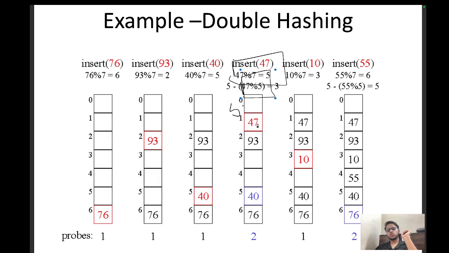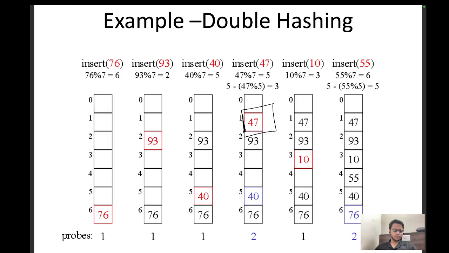So we have to store the element at the third place. Now let us see whether the third place is free or not. We see the third place is free, so we will store the element 47 in this place.